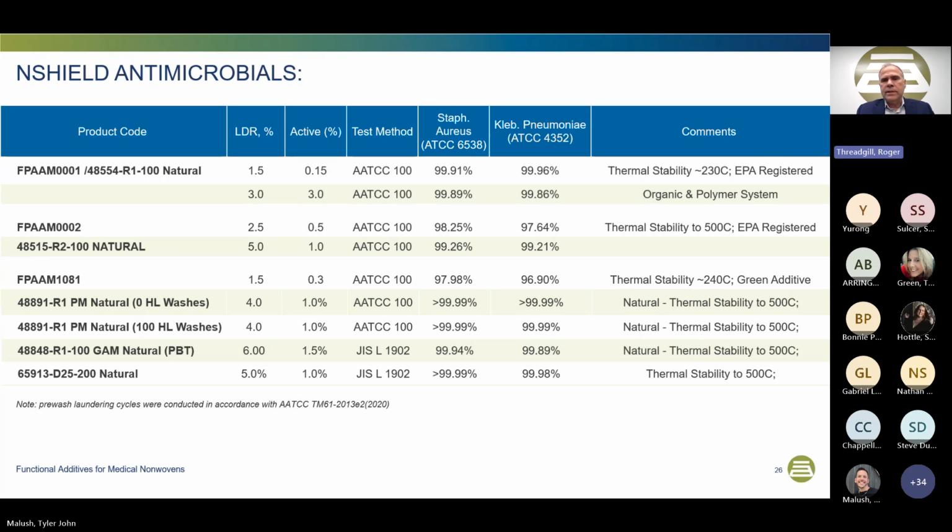So you've got a pretty good range there. You see everything from say log 2, log 3, all the way down to log 4, which are pretty convincing. You got some range of thermal stabilities, and then we also do a little bit of commentary on the registration status for the material, which is also pretty important. Next slide.